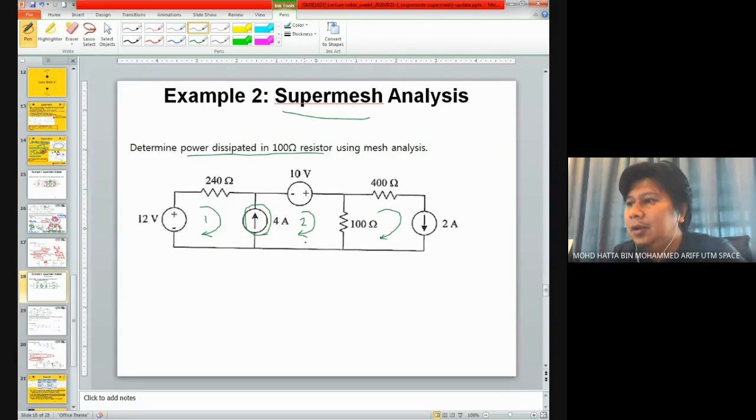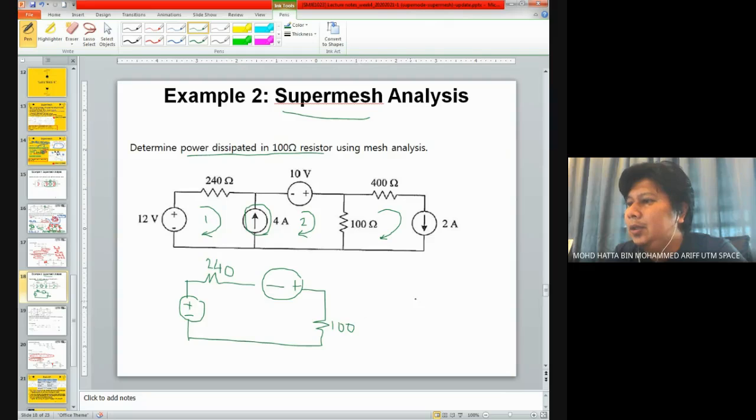The way to apply Supermesh is to consider this as the Supermesh loop. The first is the Supermesh loop. This is 240. This is 100.